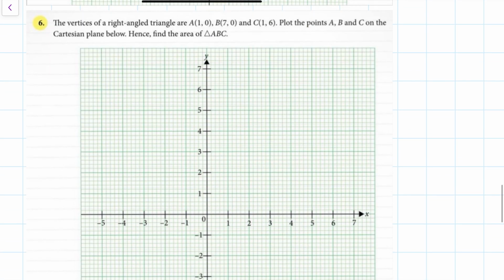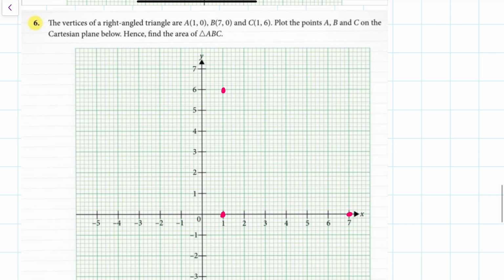All right. Now, the vertices of a right angle triangle are 1, comma 0, 7, comma 0, and 1, comma 6. So this is a right angle triangle. They want us to find the area of this triangle. What is the area of a triangle?